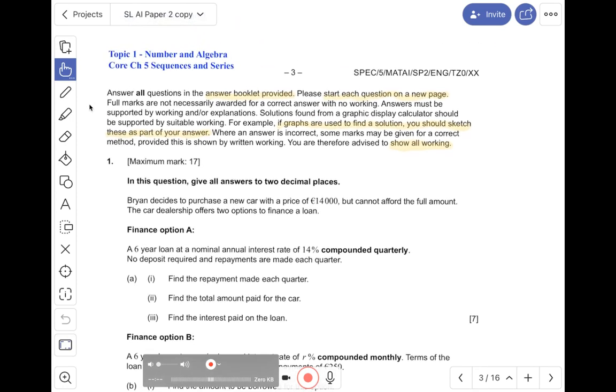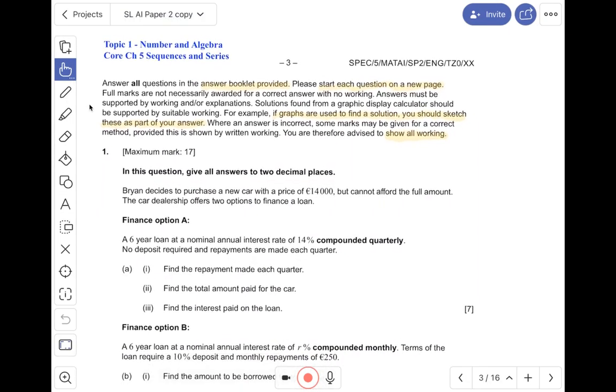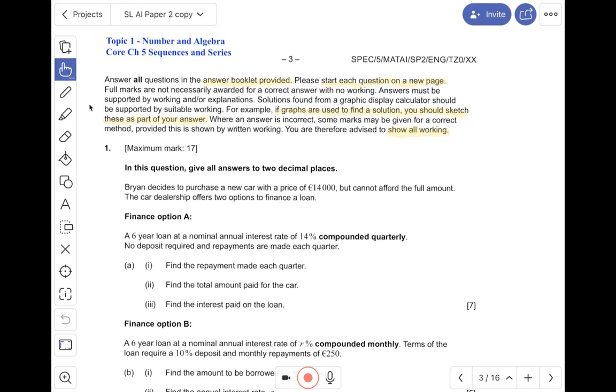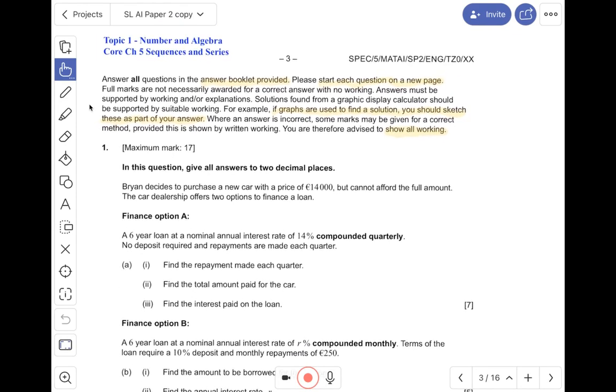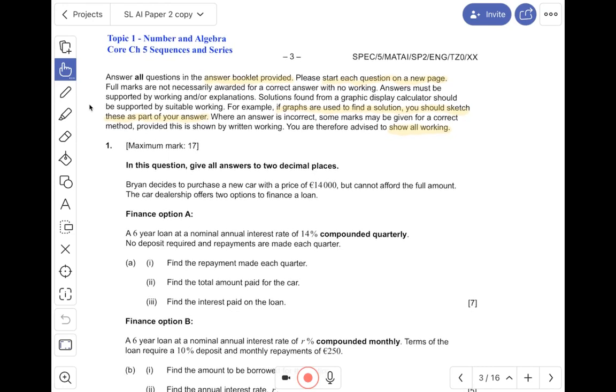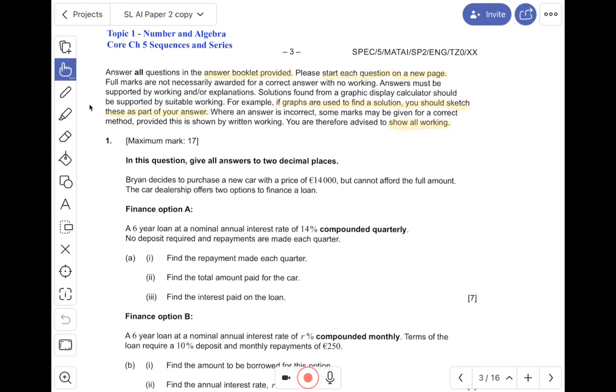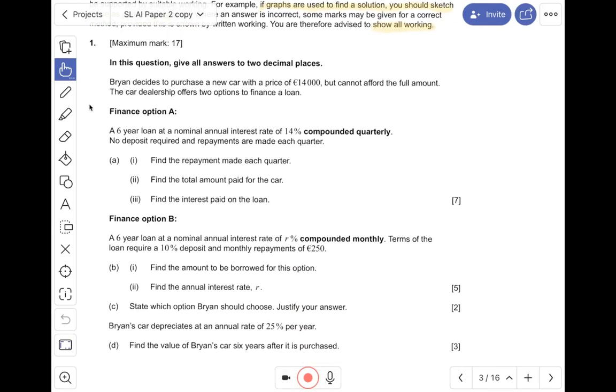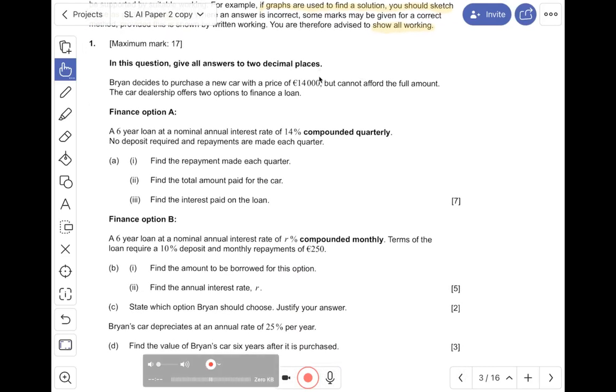Okay, so the first question, a financial question. You can see that it comes from topic 1. This was in the core book, Sequences and Series. We studied the TVM solver, basically. Okay, time value of money. So the first question, we're going to buy a car for 14,000 euros.